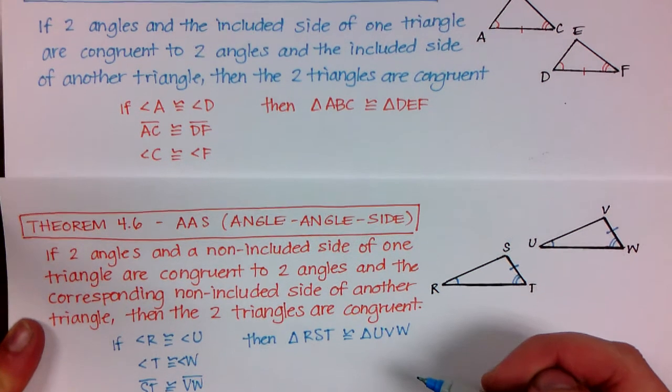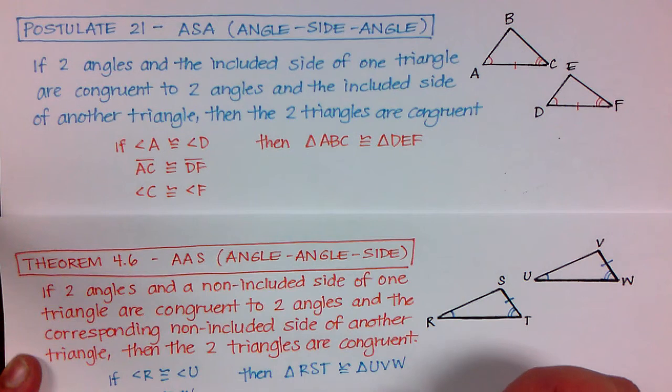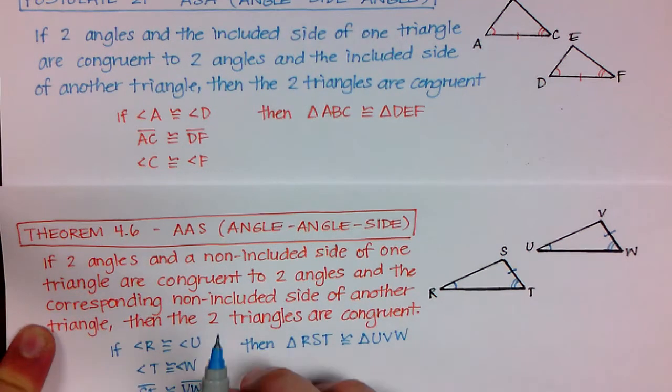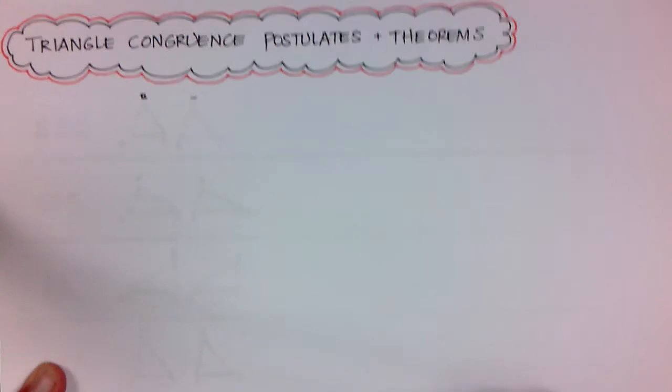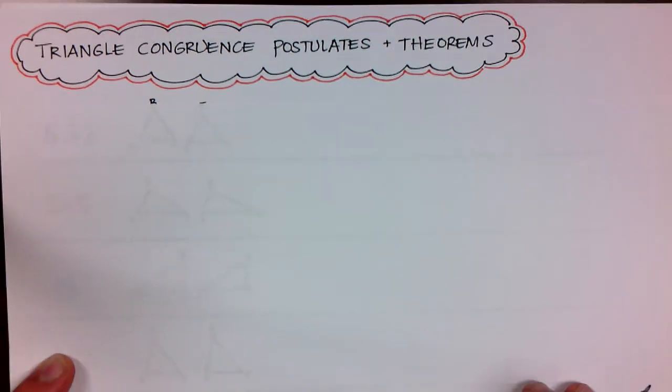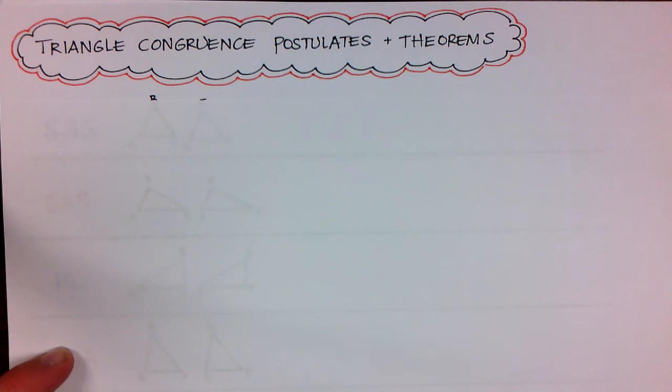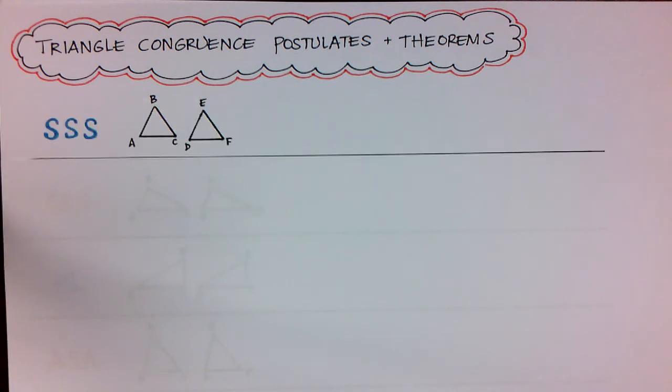Okay, so now I have ASA and AAS to add to my list of different ways to prove triangles are congruent. So why don't we just go over all of those different postulates and theorems right now. So the first one that we talked about was side, side, side. That's what SSS stands for.